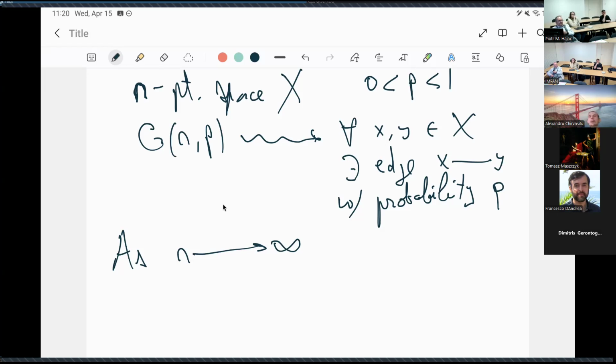You study the number of components, you study things like, what we'll get to in a minute, the behavior of degree sequences. So I take the degrees of random vertices among the n, and that's one instantiation of a degree.